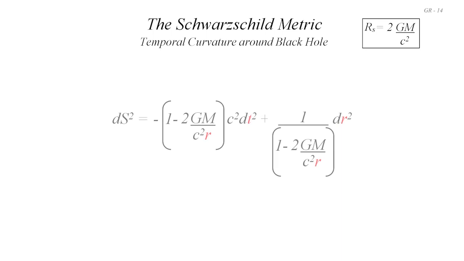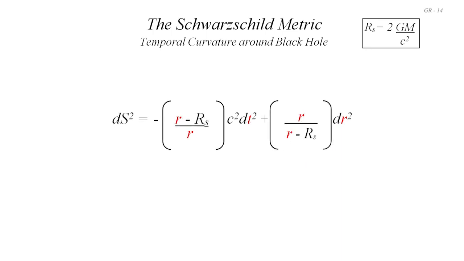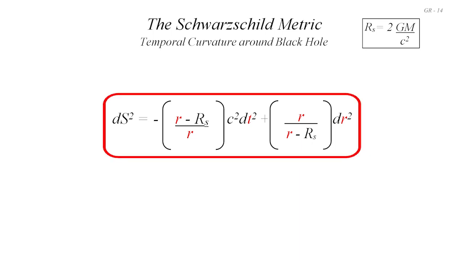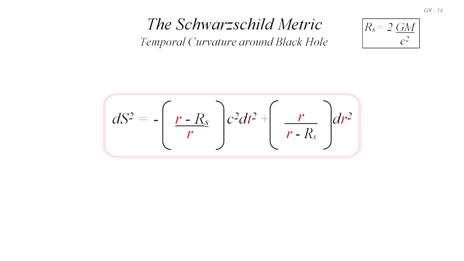We could use this, or this, or this. However, we will probably concentrate on this last version of the space-time interval formula for the Schwarzschild metric, as it perhaps is a little easier to appreciate the importance of the Schwarzschild radius, rs.